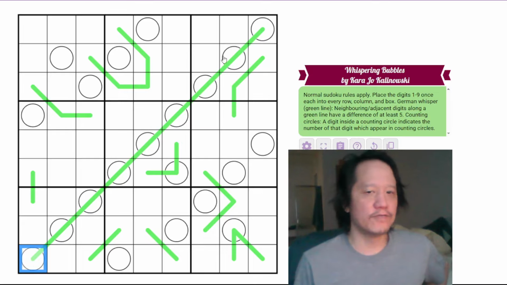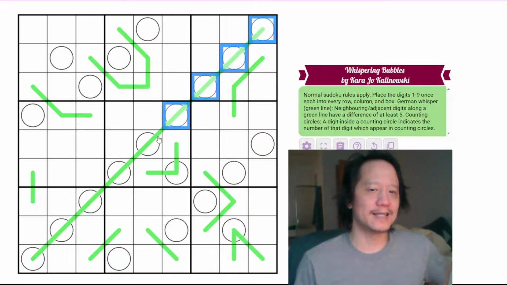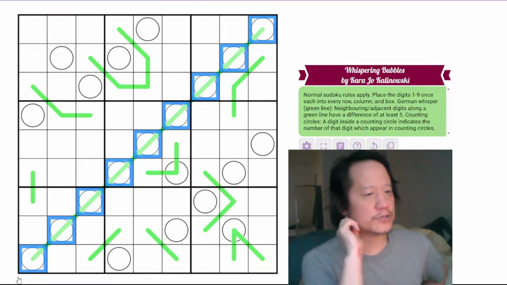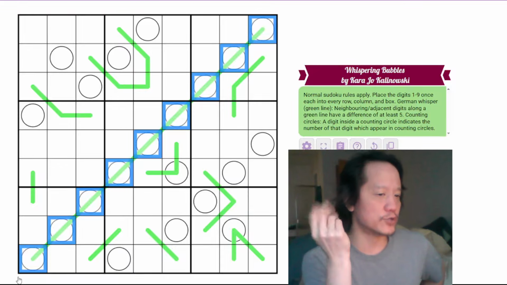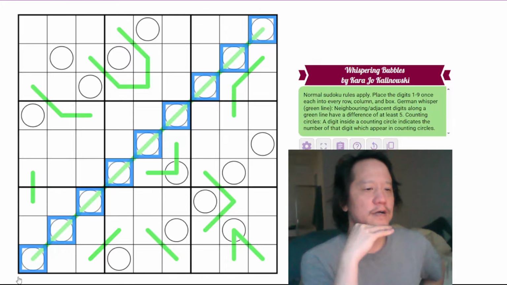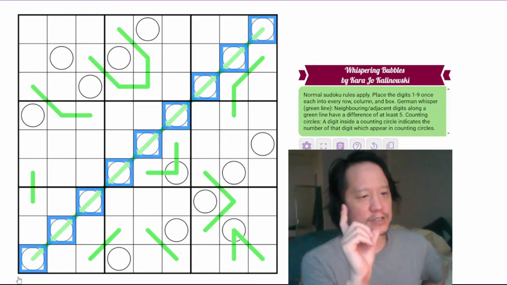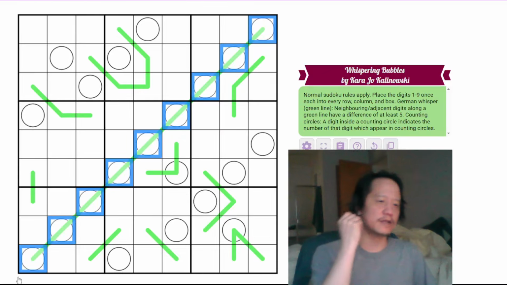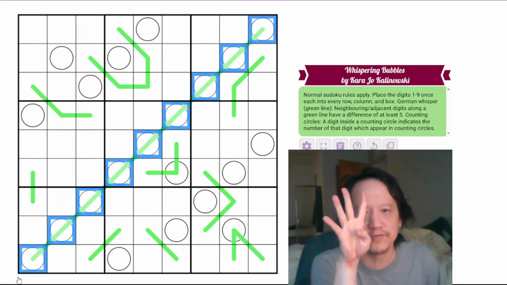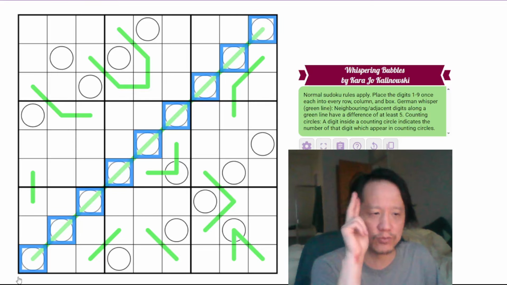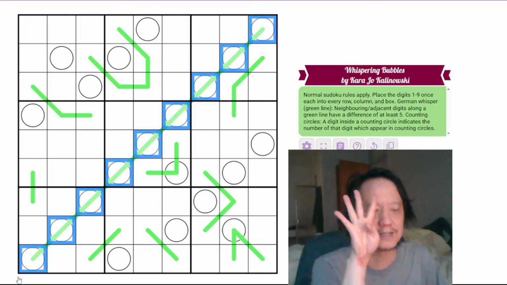We have guaranteed at least 2 high digits, which are from 6 through 9, because on a Whisper 5 or German Whisper line, you must have a low digit next to a high digit. Low digits are 1 through 4, high digits are 6 through 9. And the reason why you know that is what digits can be next to 1 through 4 on a German Whisper line. 1 can be next to 6 through 9, 2 can be next to 7 through 9, 3 can be next to 8 or 9, 4 can be next to 9.